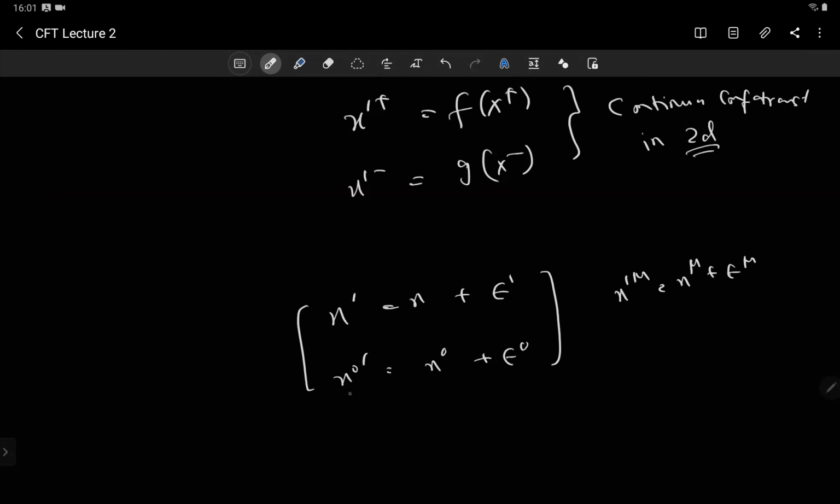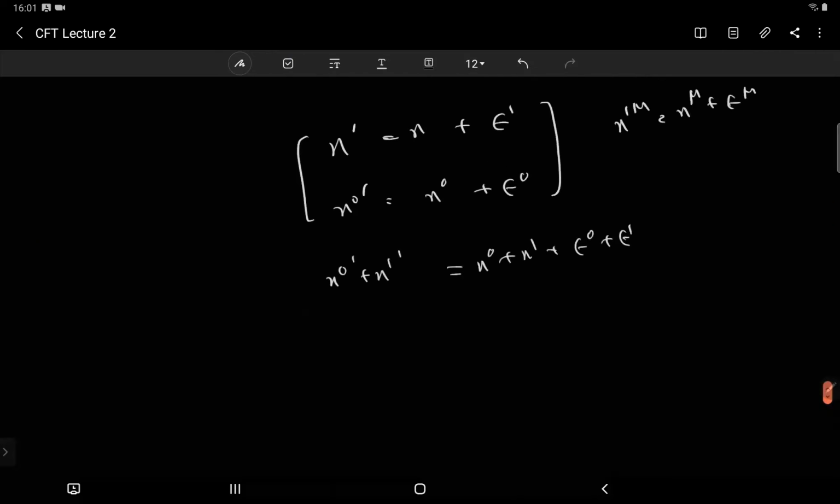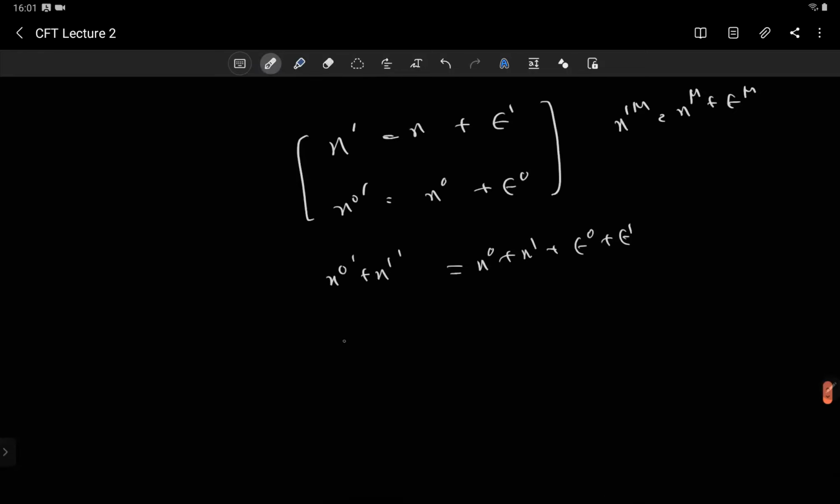Now if I add it, then what you get? You get x0 prime plus x1 prime is equal to x0 plus x1 plus epsilon 0 plus epsilon 1, right? And similarly, if I subtract it, I'll get x0 prime minus x1 prime equal to x0 minus x1 plus epsilon 0 minus epsilon 1.